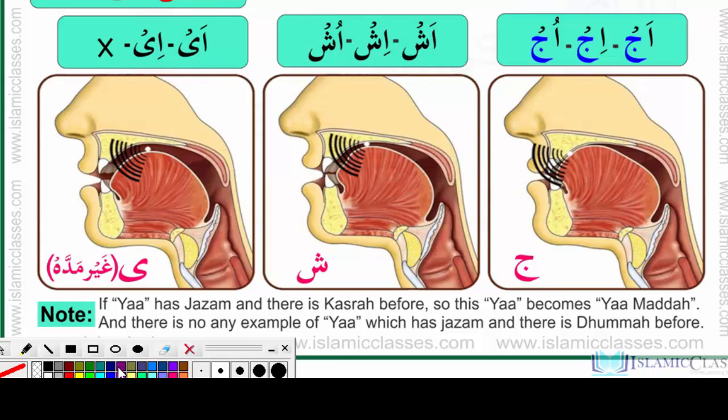And there is no example of ya which has jazm and there is dhamma before. You can see in the previous examples, the last letter has a jazm sign and there is a dhamma before, but that example cannot come in the ya, because of grammar rules.